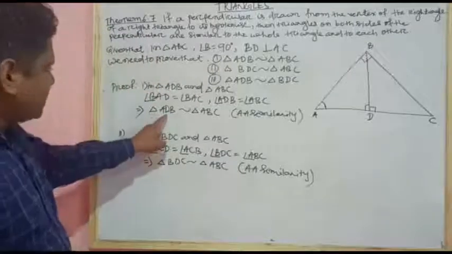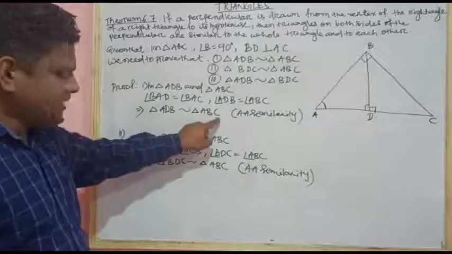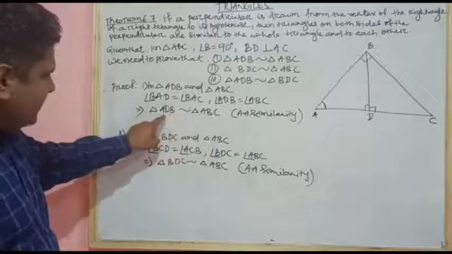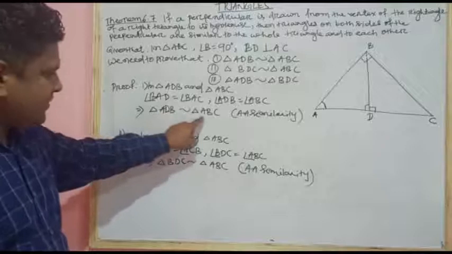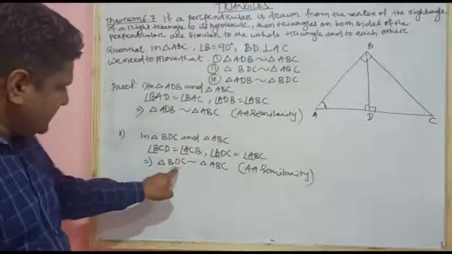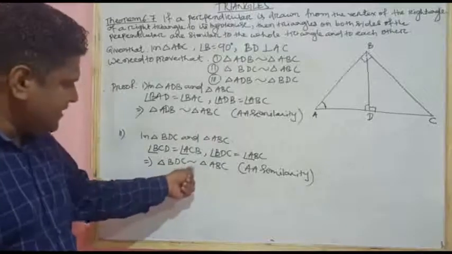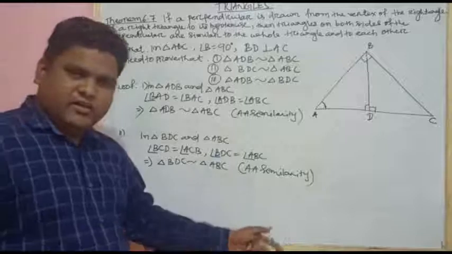See here, from proof 1, triangle ADB is similar to triangle ABC, means all angles of triangle ADB are equal to all angles of triangle ABC. In the second, triangle BDC and ABC are similar, means all angles of triangle BDC and all angles of triangle ABC are equal.